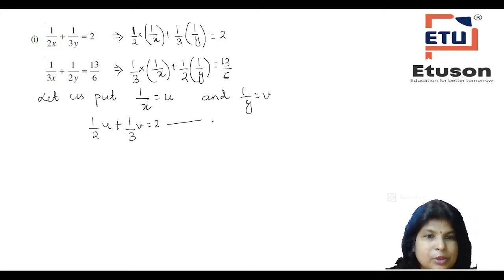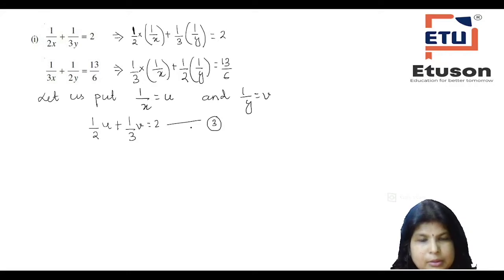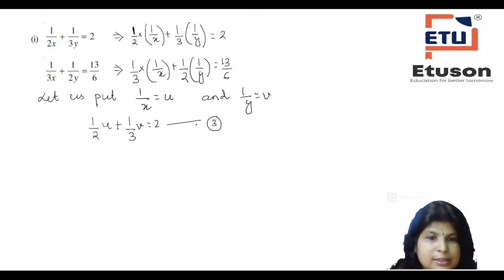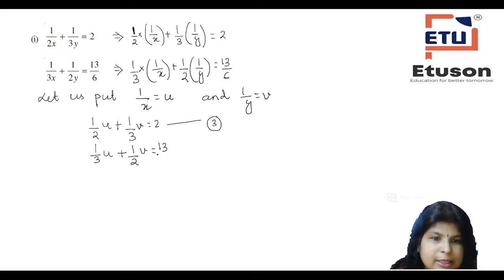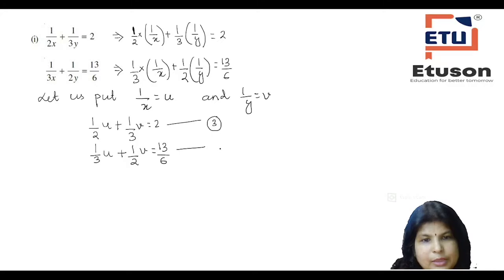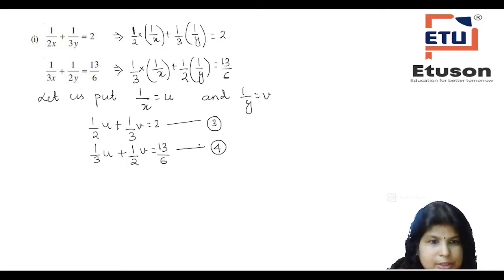So this is, suppose, your third equation, because we have considered the first two equations. Now similarly, the other one I can write like this, 1 by 3 u plus 1 by 2 into v, that is equal to 13 by 6. Okay, so this is your equation 4.